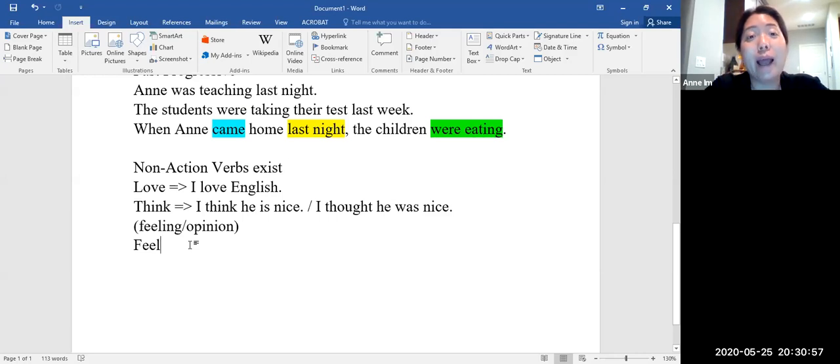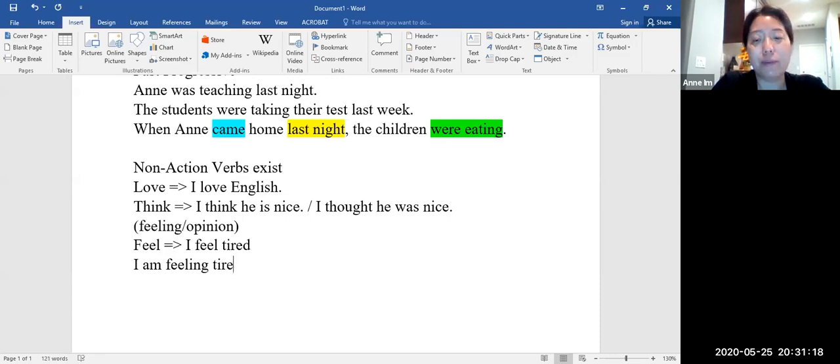Okay, there are more non-action verbs. I will hand out a non-action verb list for you very soon. I'm just giving you a few example non-action verbs. Feel. I feel tired. Not I am feeling tired. Okay, I feel tired.